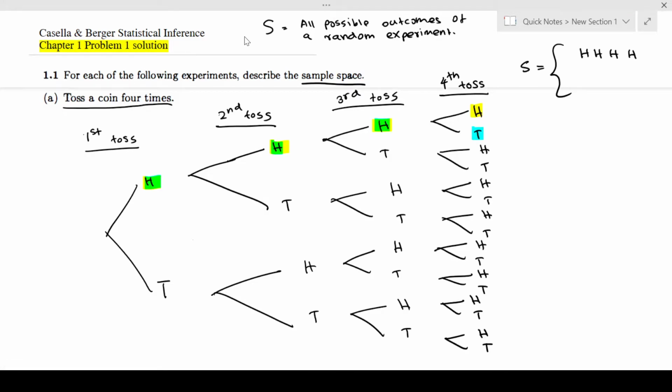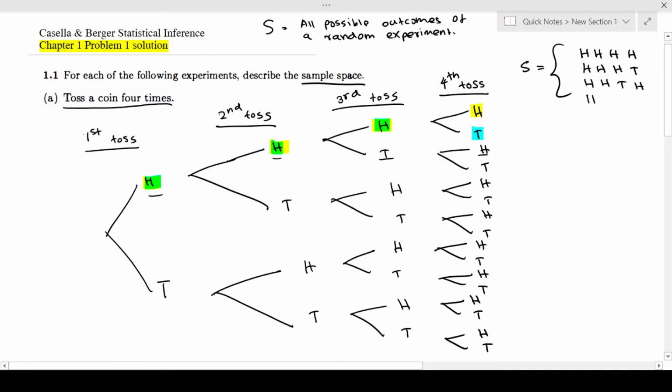So this would be head, head, head, tail. Likewise, the next possible outcome would be head, head, tail, head. Next one, head, head, tail, tail. Next one, head, tail, head, head.